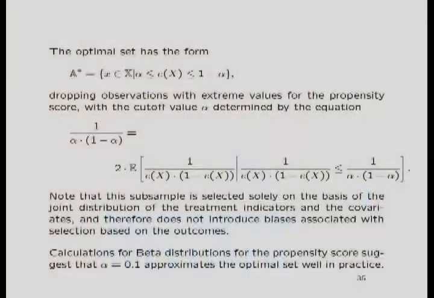It turns out that just using alpha equal to 0.1, throwing out observations where the propensity score is less than 0.1 or greater than 0.9, gives you typically a much more precise estimate, and one that's very close to the most precisely estimable object. So a couple of comments on this. As I said before, this does more or less correspond to what people do in practice, but it does, in principle, change what you're estimating.